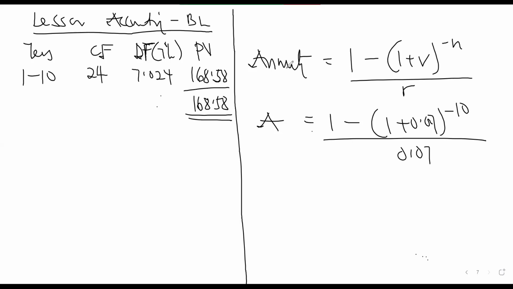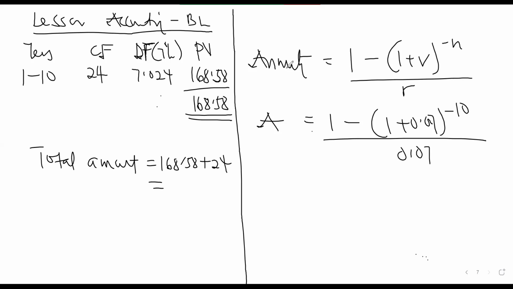We add this to 24. So you have to look at the total amount relating to the receivable. The total amount will be 168.5 plus the 24. That is the value of the asset that we are giving to them.